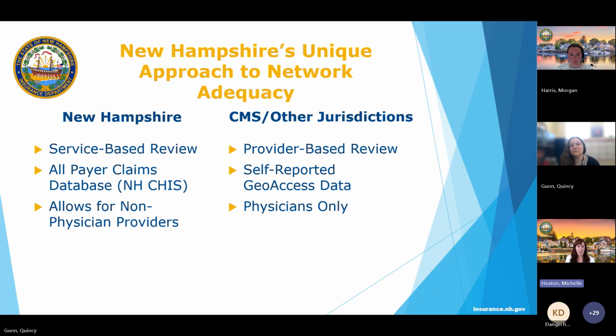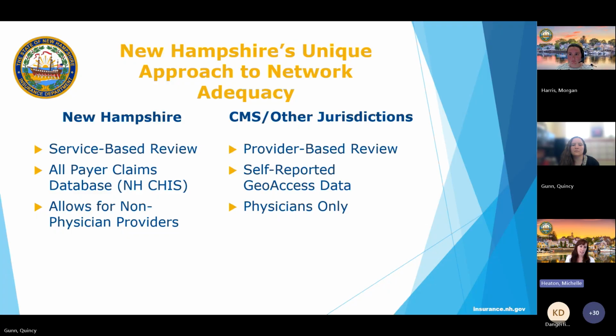In our service-based approach, we are looking at the services being provided to covered people in our state, as opposed to looking at what providers make up a network. In order to do this review, we rely on our all-payer claims database to cross-reference the providers on the network adequacy filing to ensure that they are, in fact, actually rendering care in New Hampshire.